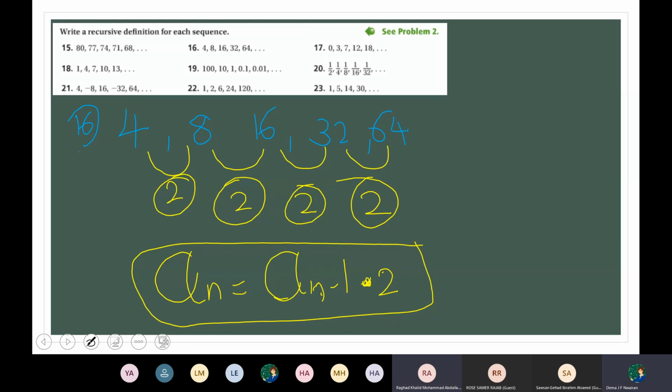Look here, 4, I multiply it with 2, I get 8. 8, I multiply it with 2, I get 16. I multiply the previous term, which is 32, with 2, and I will get 64. This is now for number 16.